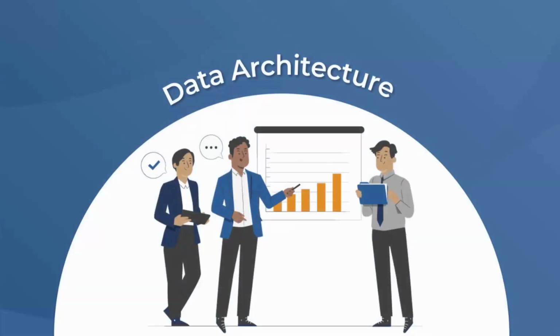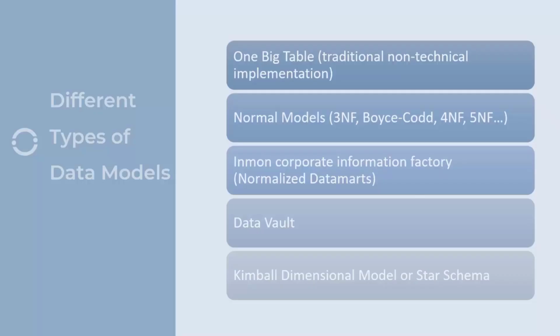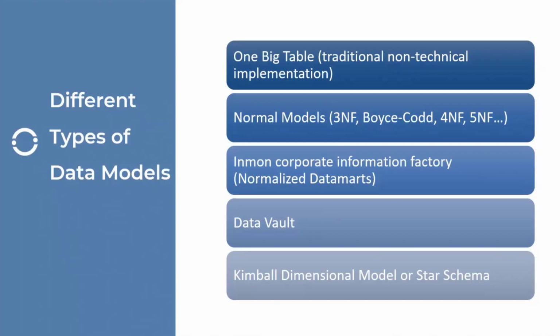So let's talk about some various data architectures that can be implemented out there. So traditionally, one big table is what's used. Well, they still exist, but ever since learning about tabular models and tools like Power BI and Power Pivot, I have largely been encouraging my analysts to use star schema dimensions versus one big table.